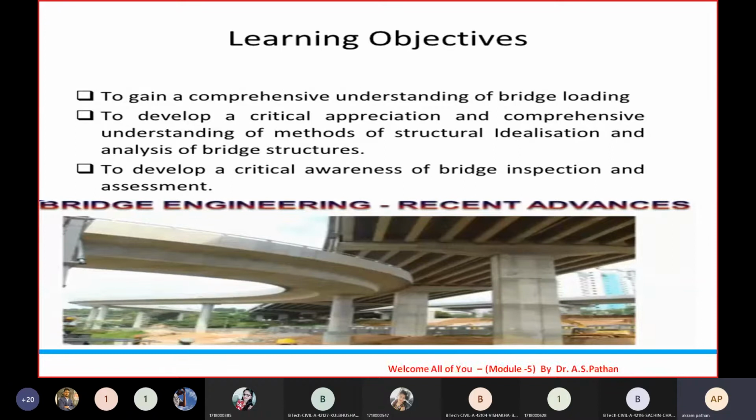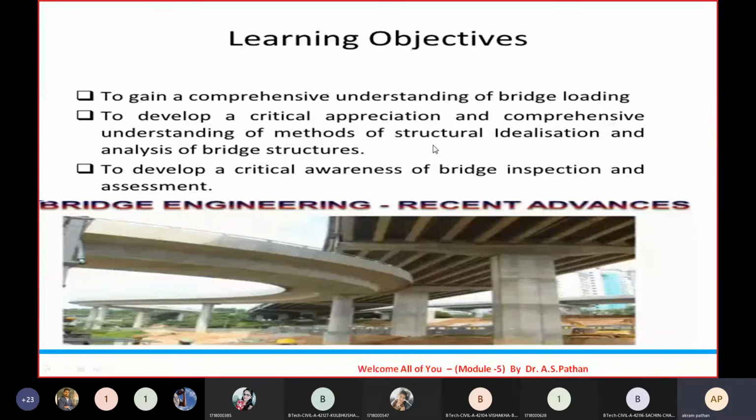That is one of the important objectives we are going to learn in today's article. Then the second objective is to develop a critical appreciation and comprehensive understanding of methods of structural idealization and the analysis of a structure.